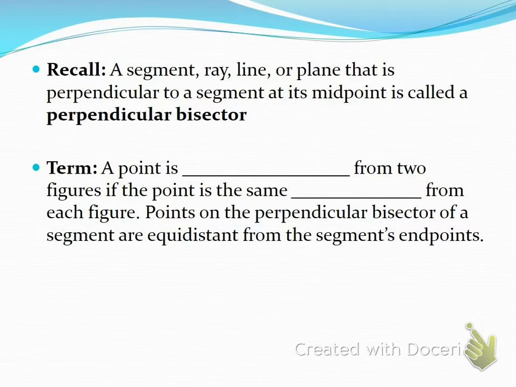Recall that a segment, ray, line, or plane that is perpendicular to a segment at its midpoint is called a perpendicular bisector. A point is equidistant from two figures if the point is the same distance or length from each figure.